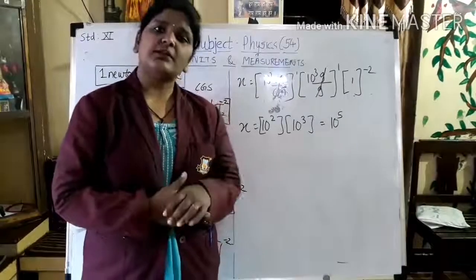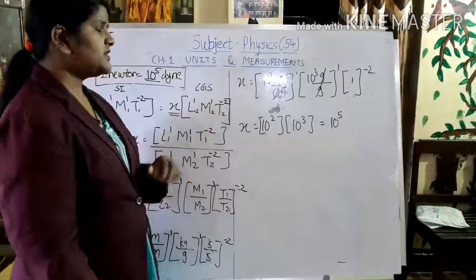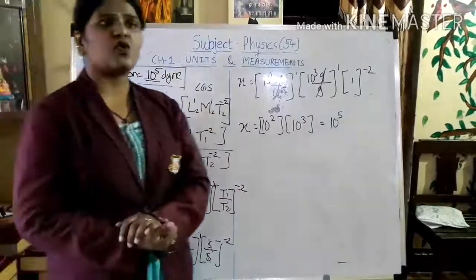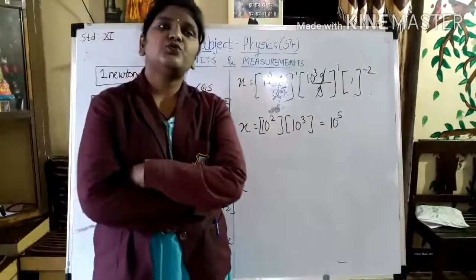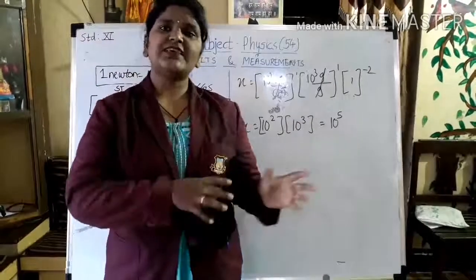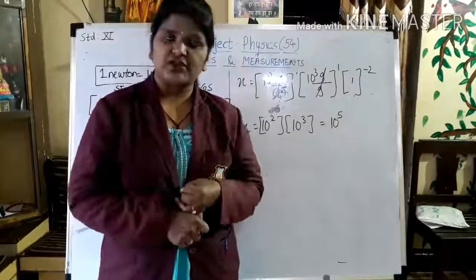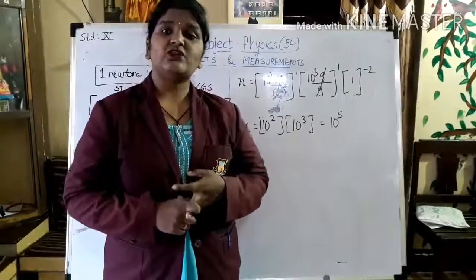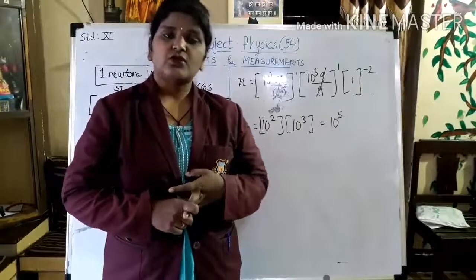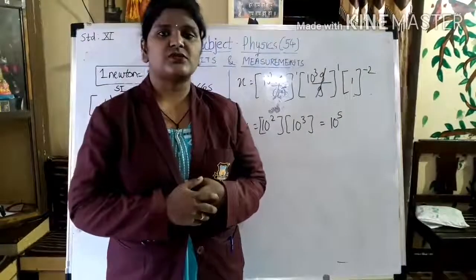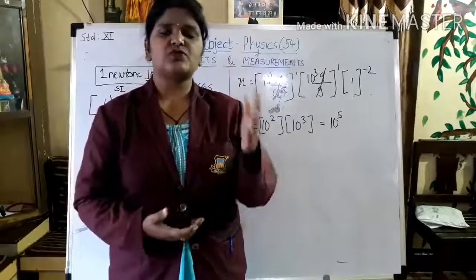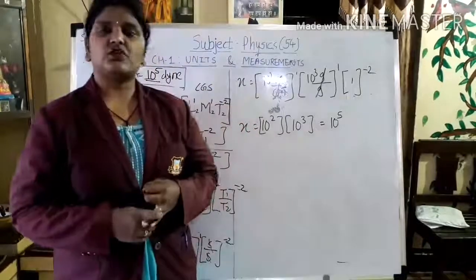Now what is the third limit? Third limit, as you can see, while we are solving dimensional analysis, you must have observed this, that we haven't applied it to any equation which consists of exponential, logarithmic or trigonometric functions, right? So that is one of the limitations. We cannot give dimensions for logarithmic trigonometric functions.